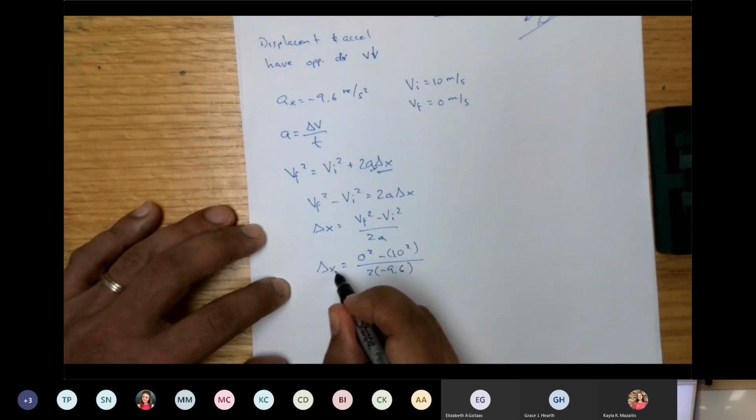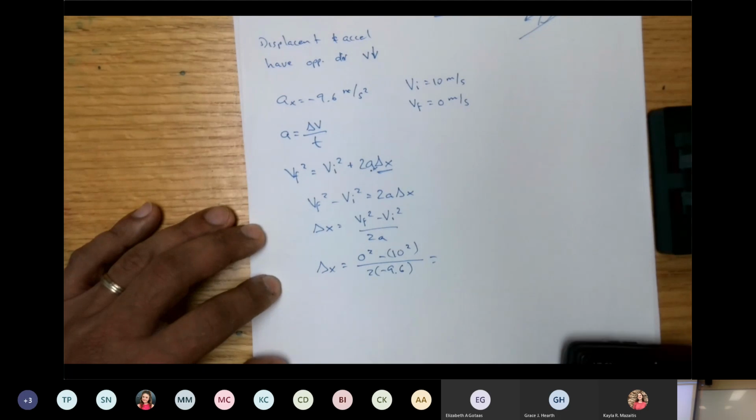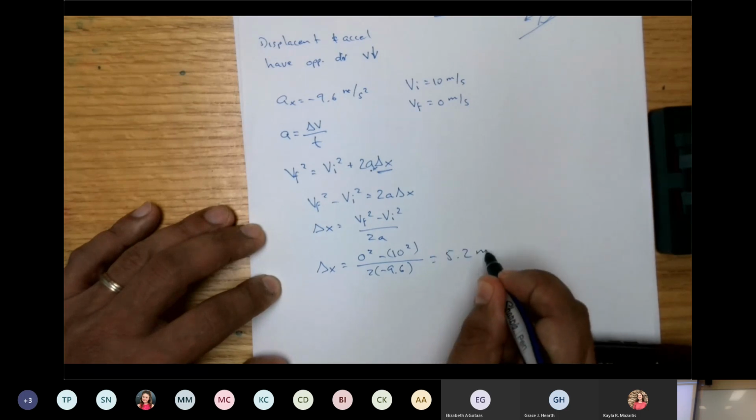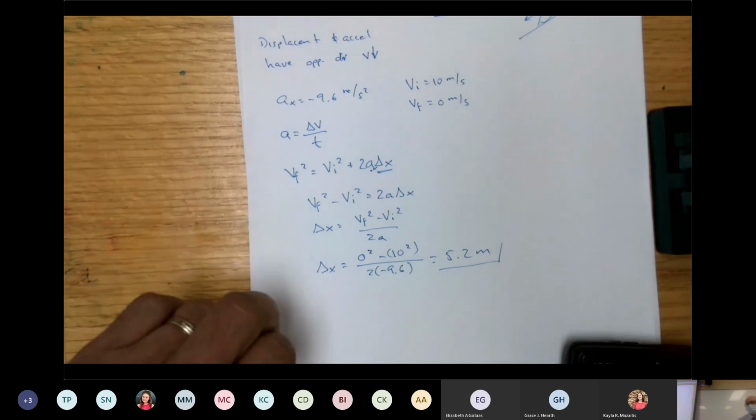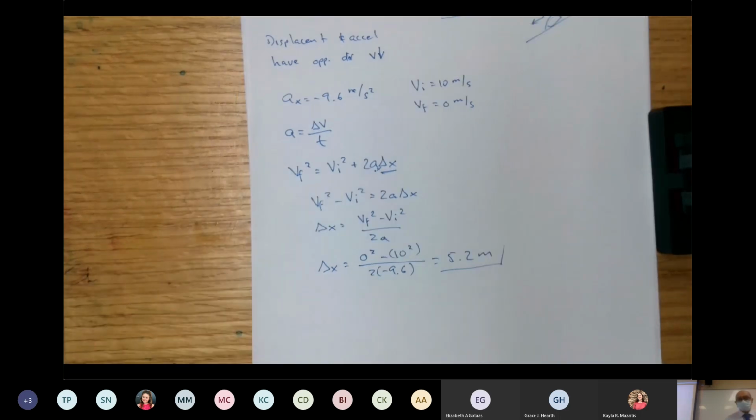And I think delta x gives you like 5 meters or something like that. Okay, makes sense?